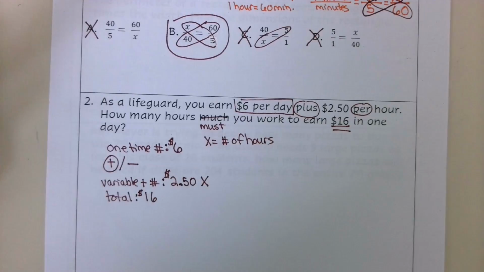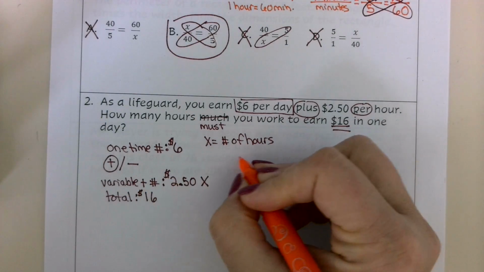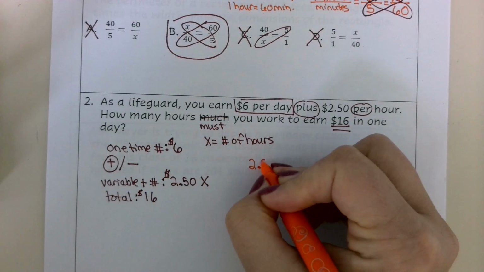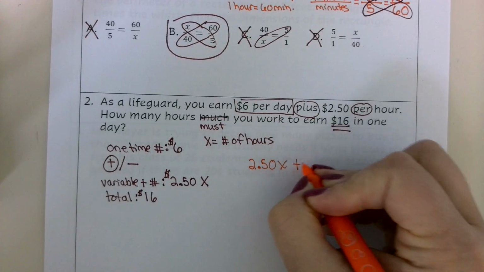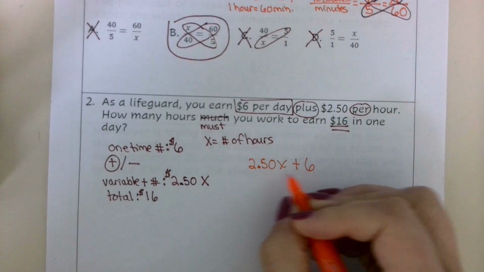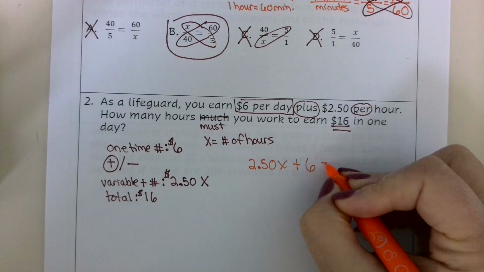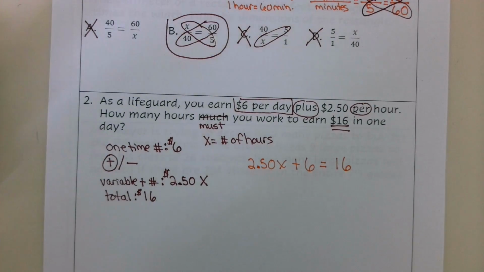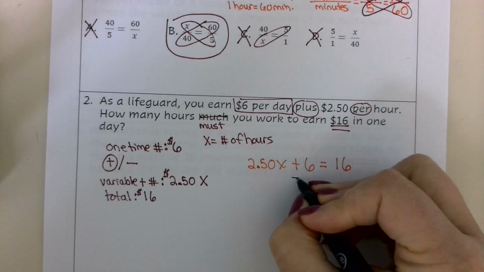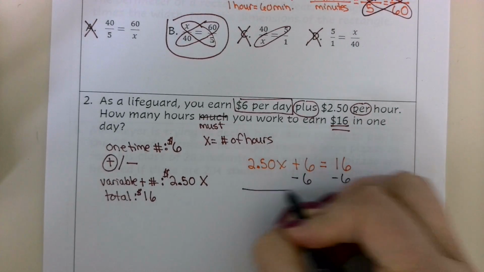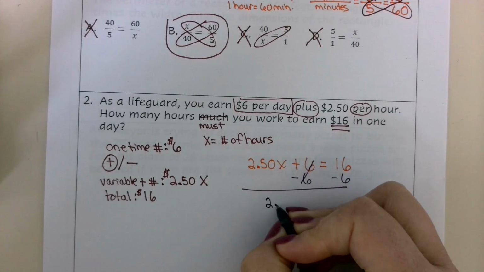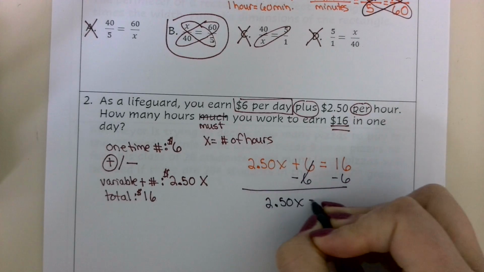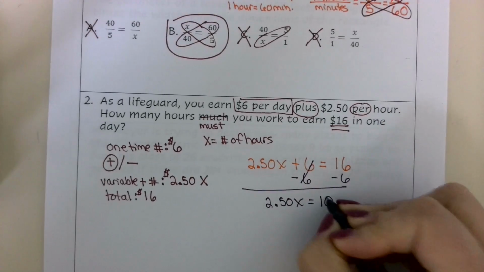So let's write that into an equation. I have $2.50 for every hour plus 6. That represents how much I make in a day. I want to know how much I need to get $16. I've got a two-step equation to solve now. I'm going to subtract 6 from both sides, and I get 2.50x equals 10.